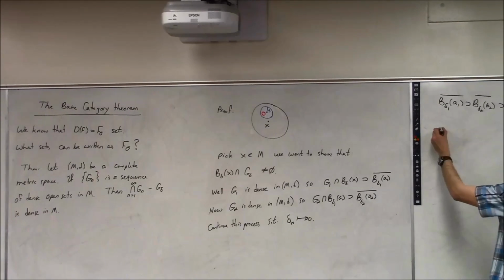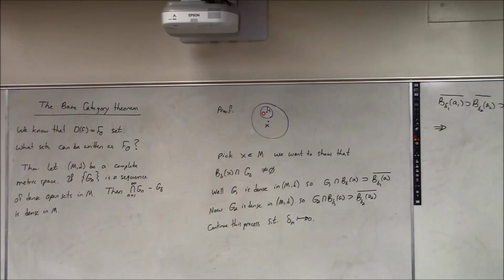The implication is that, notice that ball of radius delta n of A belongs to G1 intersection all the way to Gn. It's part of that ball, and it also belongs to the ball of radius delta centered at x.